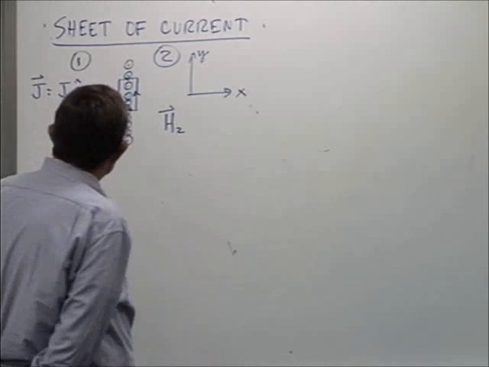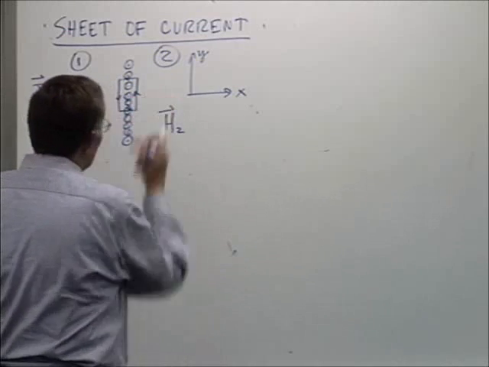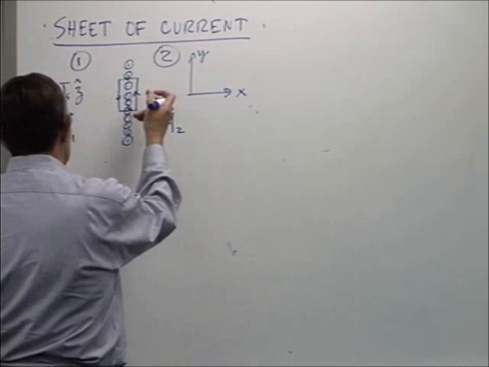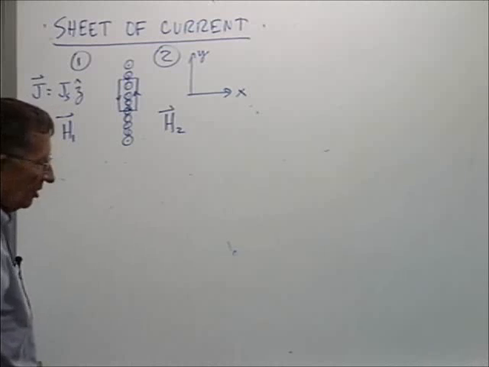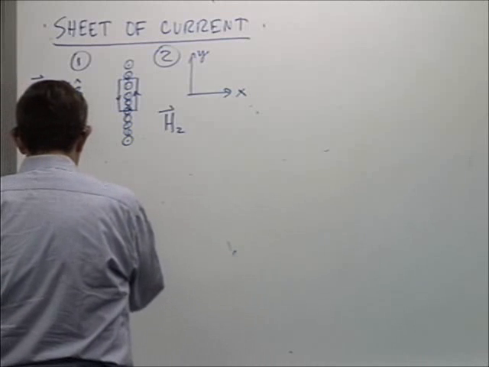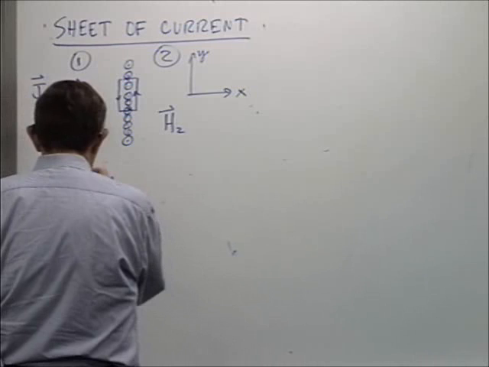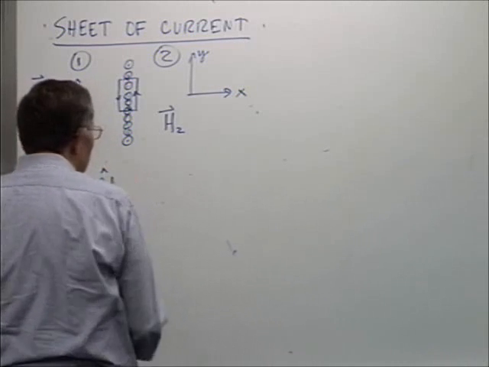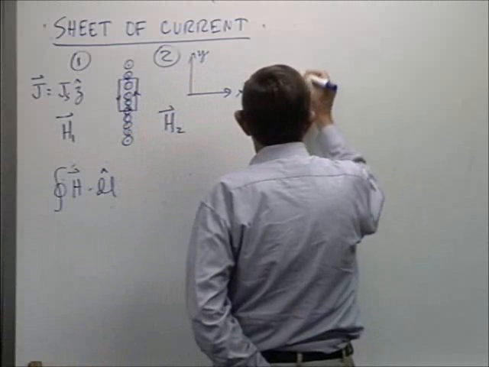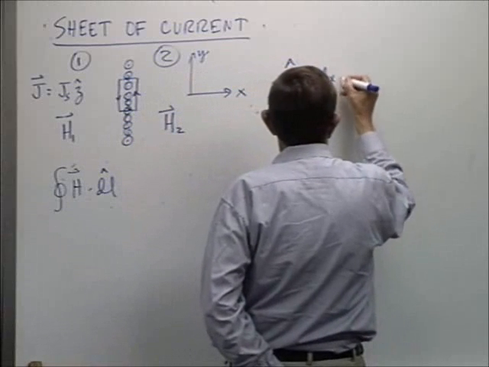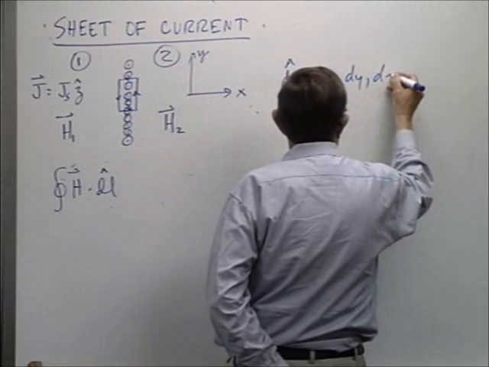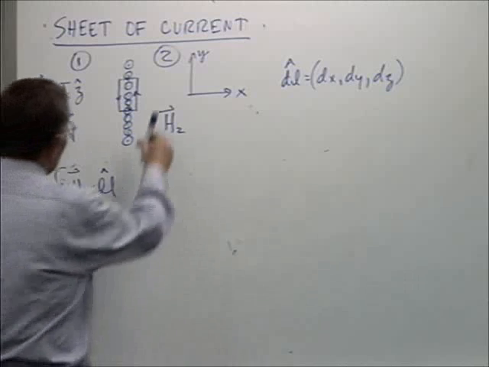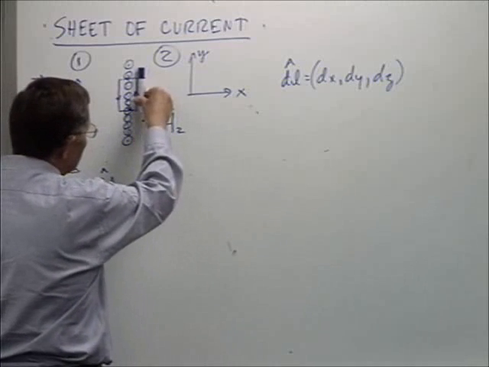So the only contributions I get are from the vertical sides on the right and left. So if I take the integral around a closed path of H dot dl, in this case my dl is this vector. Along this path it's a y component, so it's dy.